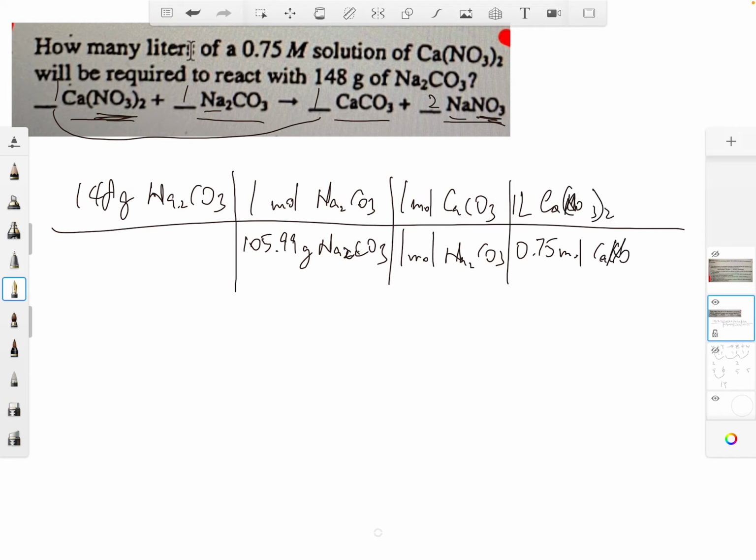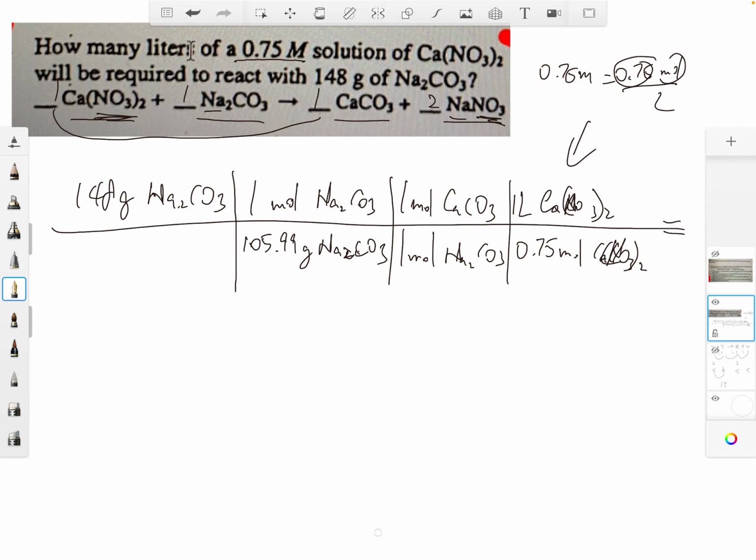Sorry about that. Ca(NO3)2, okay, there we go. That's because 0.75 M means every 1 liter of the solution has 0.75 mole. So that's this one here.